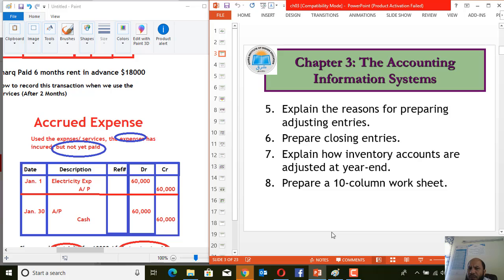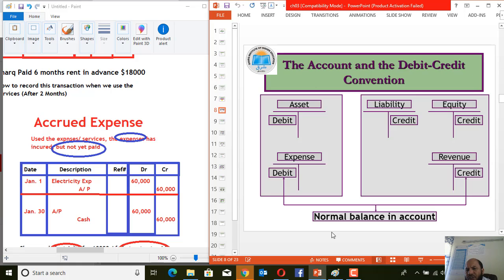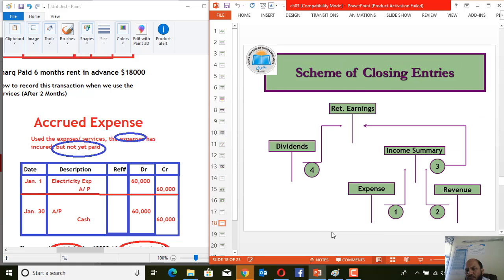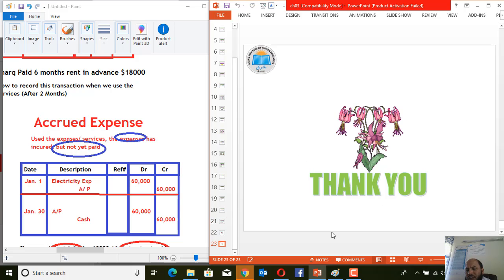And also we have learned about adjusting entries. We have learned about closing entries and we have also learned how to record the inventory by using the perpetual and periodic systems, and we have learned about the worksheet, which is the most important document for preparing the financial statements.